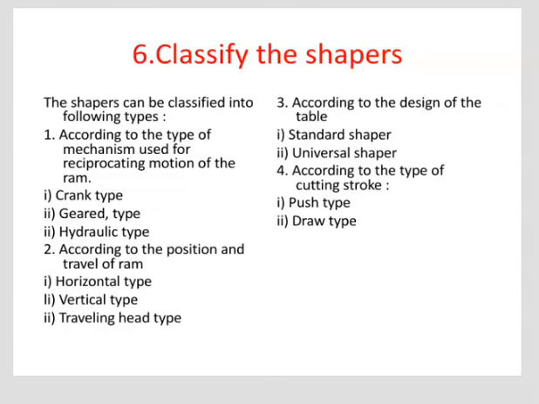The next is according to the position and travel of the ram: horizontal type, vertical type, traveling head type. Then according to the design of the table: standard shaper and universal shaper. Then according to the type of cutting stroke: push type shaper machine and draw type shaper machine.